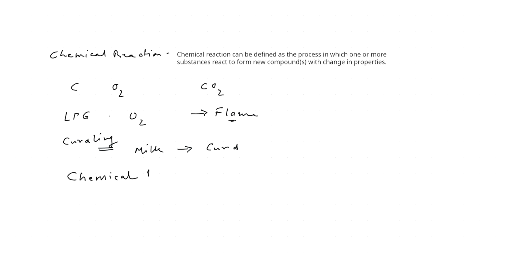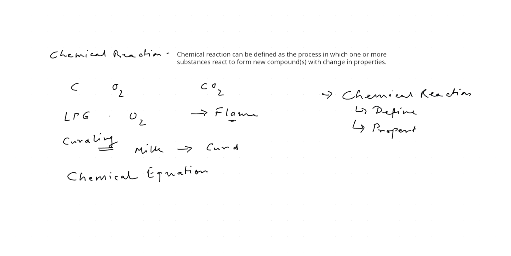All right. So now we will go to chemical equations in the next video. Before that, let me sum up what we learned in this video. We learned what is chemical reaction, how to define the chemical reaction, and the change in properties that happens.